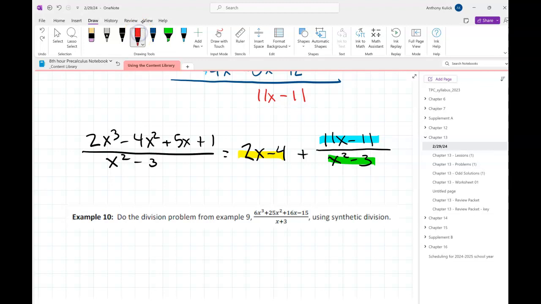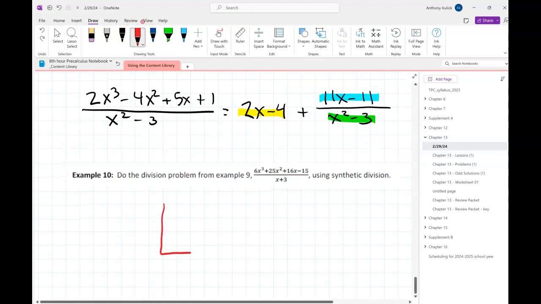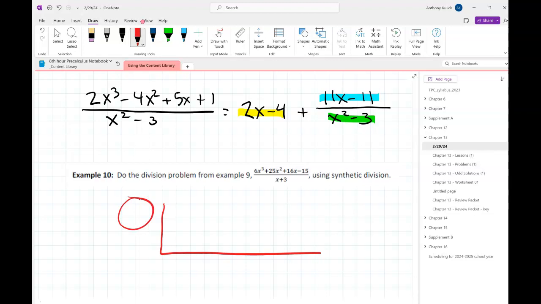Here, we have those two things, so let's set this up as a synthetic division problem. What goes on the outside here? Negative 3, great. What you do is you take this, set it equal to 0 and solve. That solution goes out here.